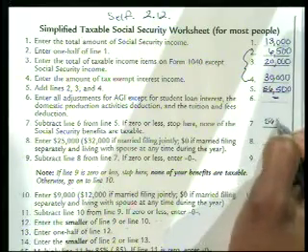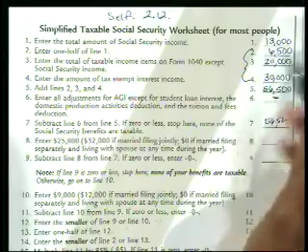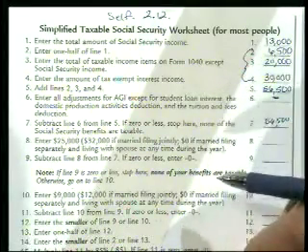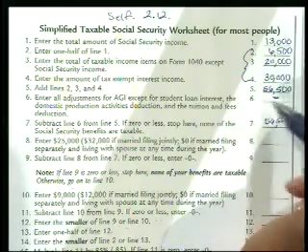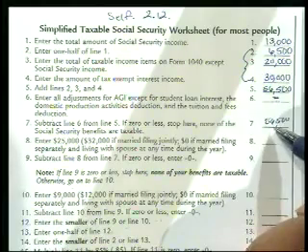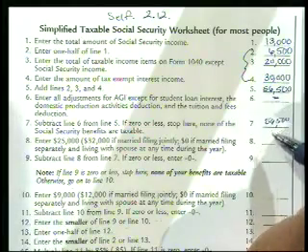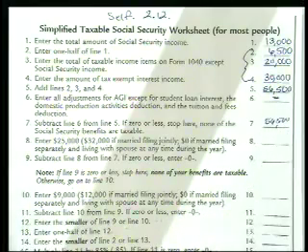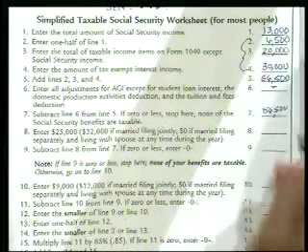That's not the case. If we made this subtraction and it was less than zero, then none of our Social Security benefits would be taxable. But we have a number there, so that lets us know that some of our Social Security benefits are going to be taxable.